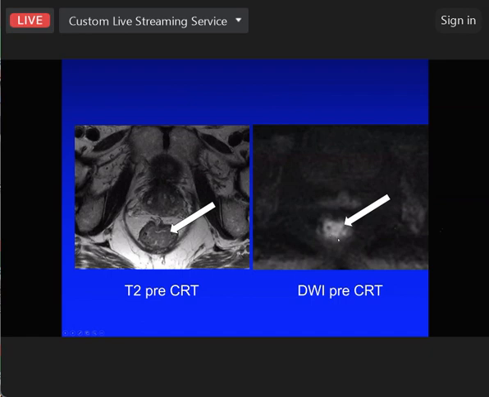You get it due to the fact that there are often more cells than normal within a given volume, so that restricts the diffusion of water molecules in the extracellular space because there's less extracellular space, but also intracellularly, the cells are more complex. They've got more bits inside them, and so the intracellular diffusion is also restricted.